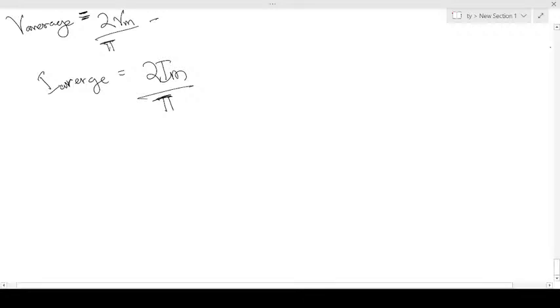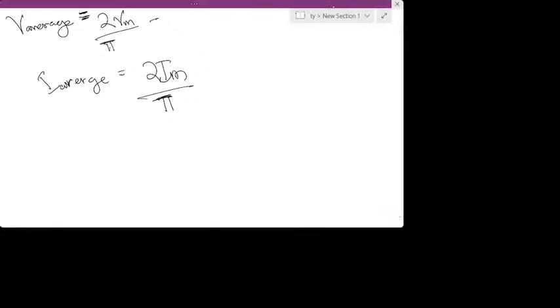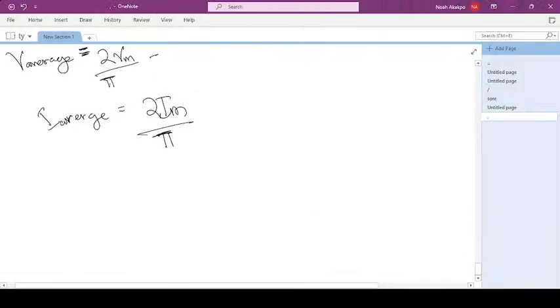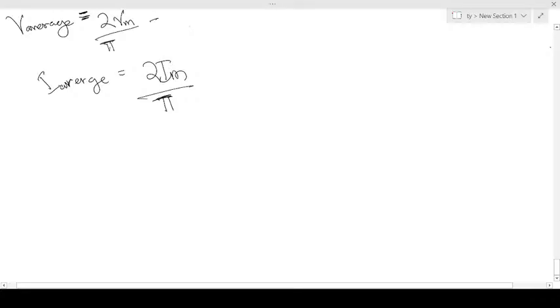Now let's look at our V root mean square. Our V root mean square is equal to Vm over root 2. And our I root mean square is equal to Im over root 2.